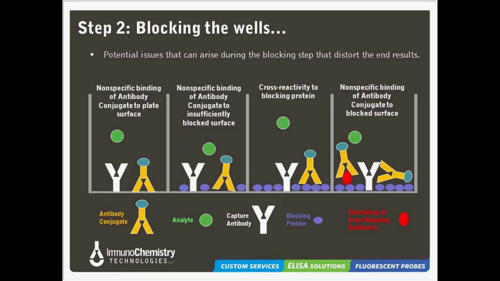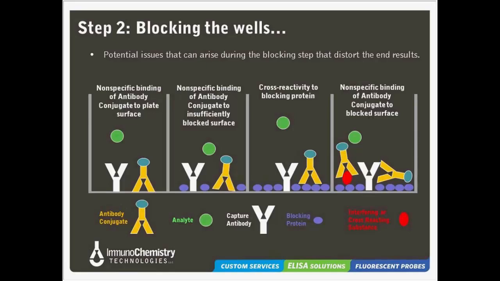That's very rare, but it can happen. And in the fourth situation on the far right, you can get nonspecific binding of sticky IgG conjugates to the actual plate well surface, and that's basically the yellow antibody in that far right well.